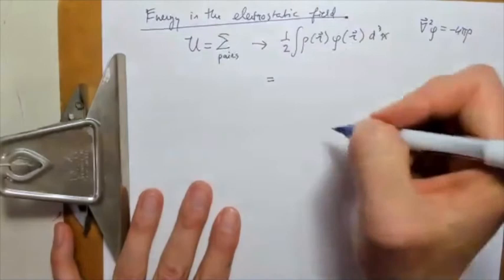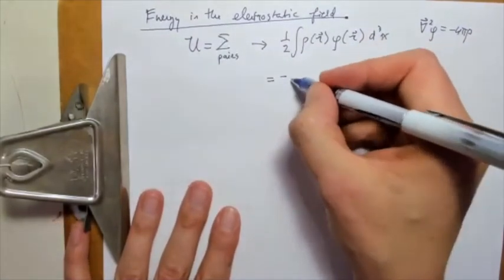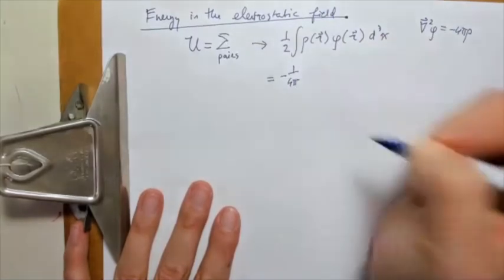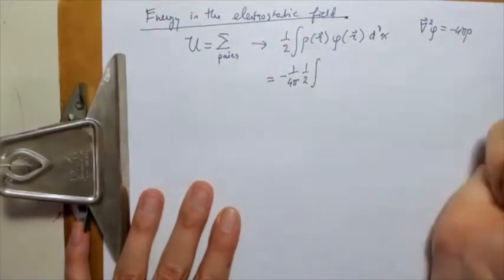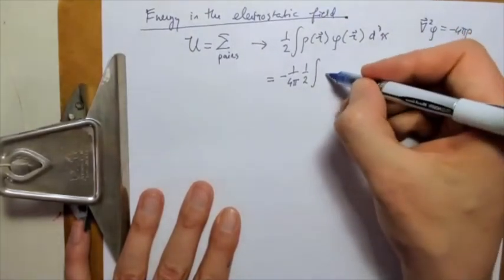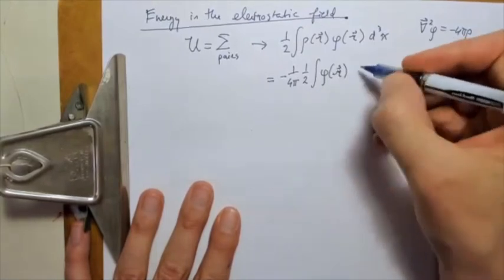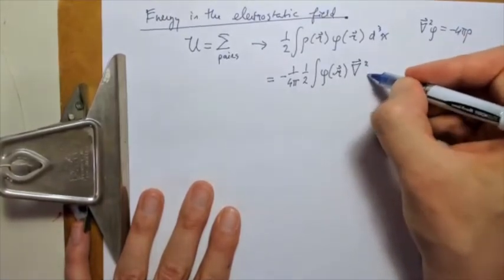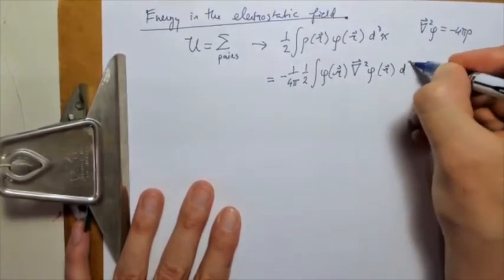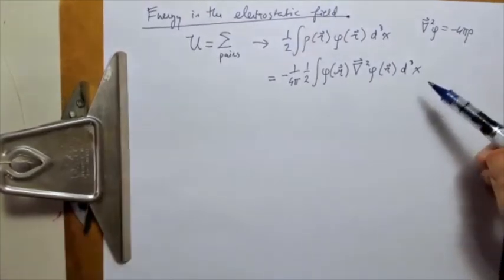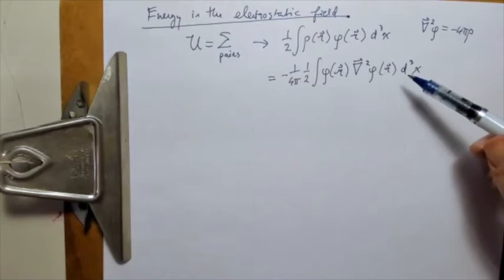So now we get, that's minus 1/4 pi times a half. Okay, and now we have the potential and then again the potential, but now the one from the Poisson equation.